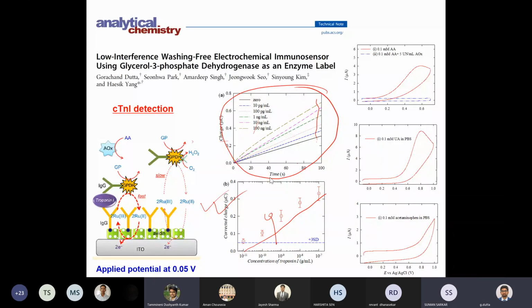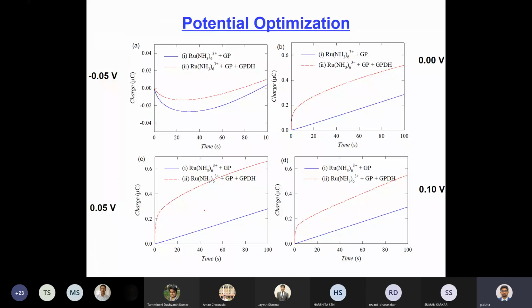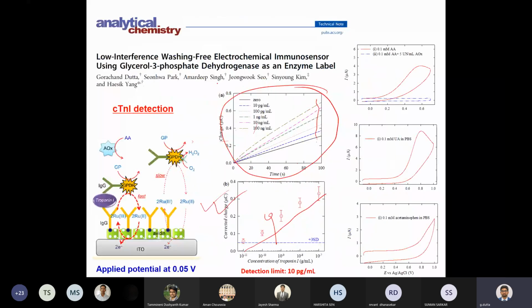Now I will teach you one more thing, the optimization technique that I taught you, right? We can select different potentials, then we have to calculate the signal to background ratio. Background means, as I mentioned, ruthenium hexamine and GP. GP means the substrate. In this reaction, what is the background and what is the signal?